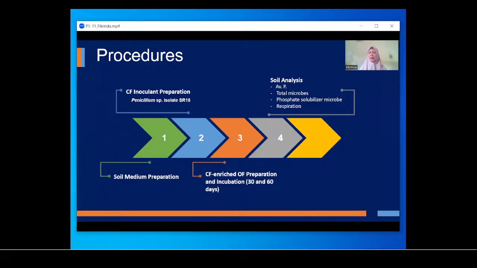The data we have, we analyzed statistically by SPSS version 25, and the differences among the treatments we analyzed by the Duncan method.